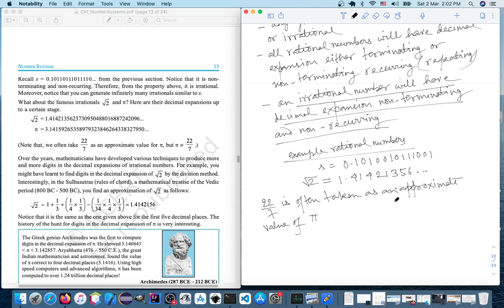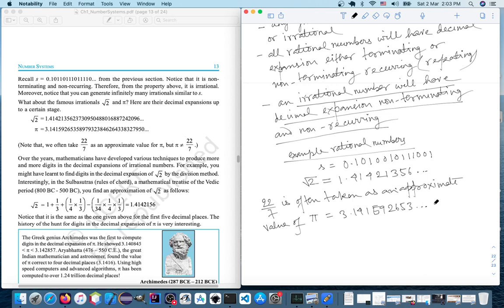The actual decimal value of pi is 3.14159265 and so on. It has many more digits, an infinite number of digits, but there is no repeating block of digits.